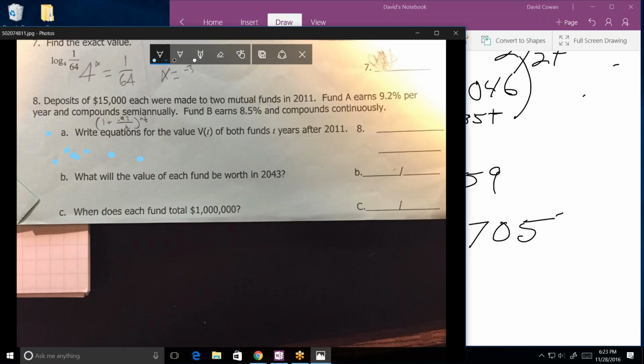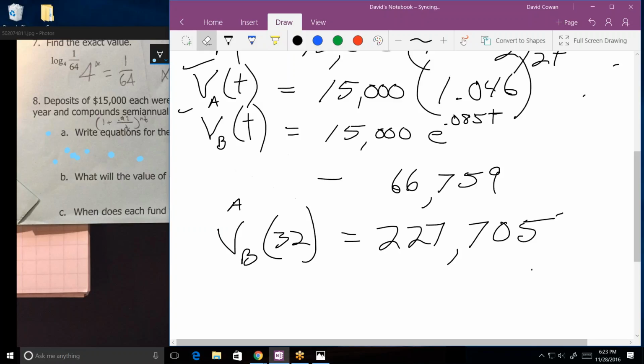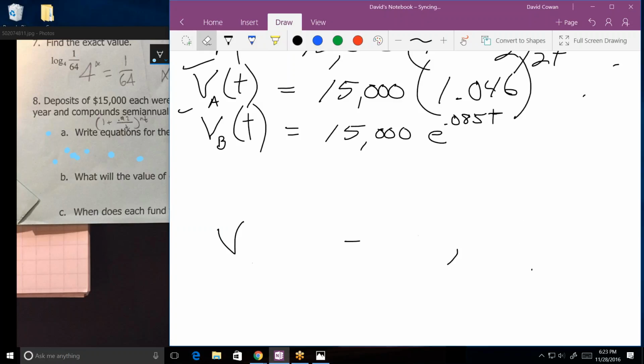When does each fund total $1 million? How do I solve this? Let's talk about the first fund. Set both equations equal to 0. Or I'm sorry, so it's 1 million.